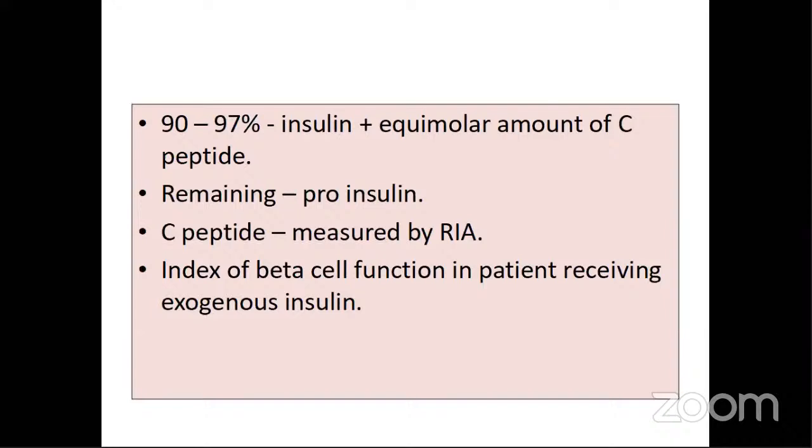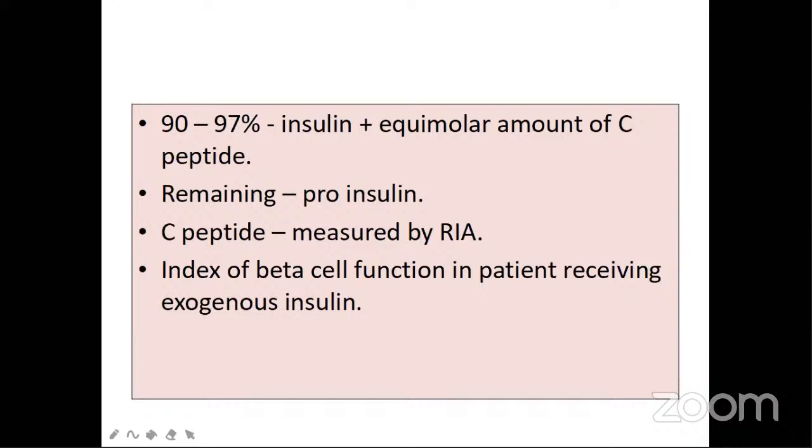Okay, so about 90 to 97% of the secretion occurs as insulin and equimolar amounts of C-peptide, and the remaining will be released as pro-insulin. And what is the significance of C-peptide? It can be measured by radioimmunoassay, and it is an index of the beta cell function in patients receiving exogenous insulin.